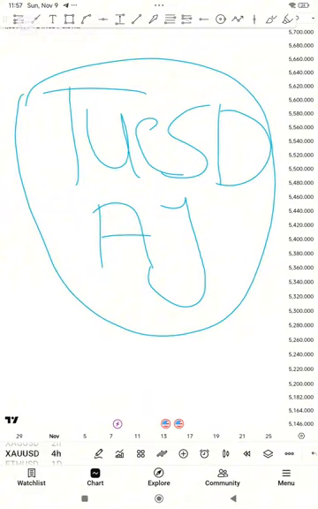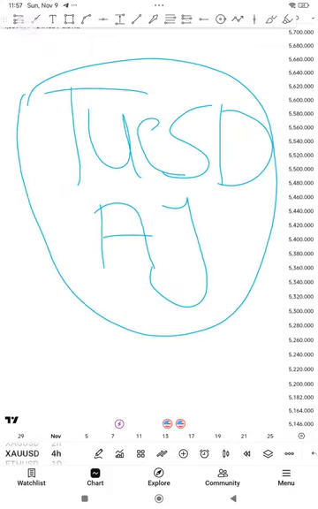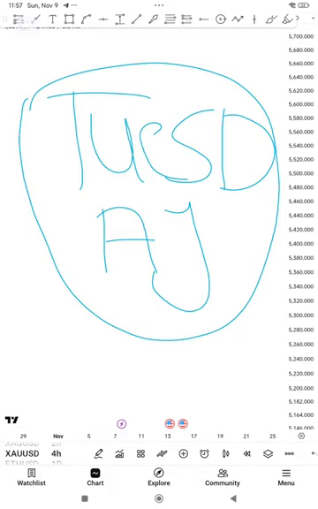Now let's come to our main point. When you see Monday is consolidating, then expect Tuesday to be the real move, expect Tuesday to be the expansion move or the reversal move. If Tuesday takes Monday low, then Friday is consolidation, and Monday will also be part of that consolidation, and Tuesday will be the real move.